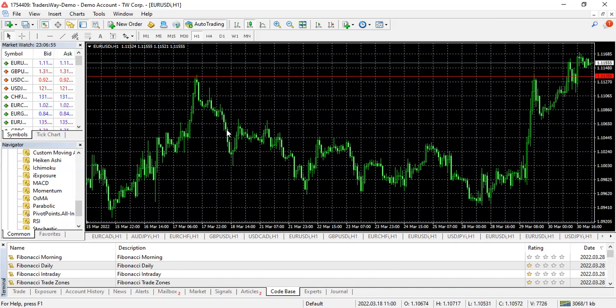The difference between these pivot points and the Fibonacci retracement we've taught before is just that this pivot point is 100% objective.